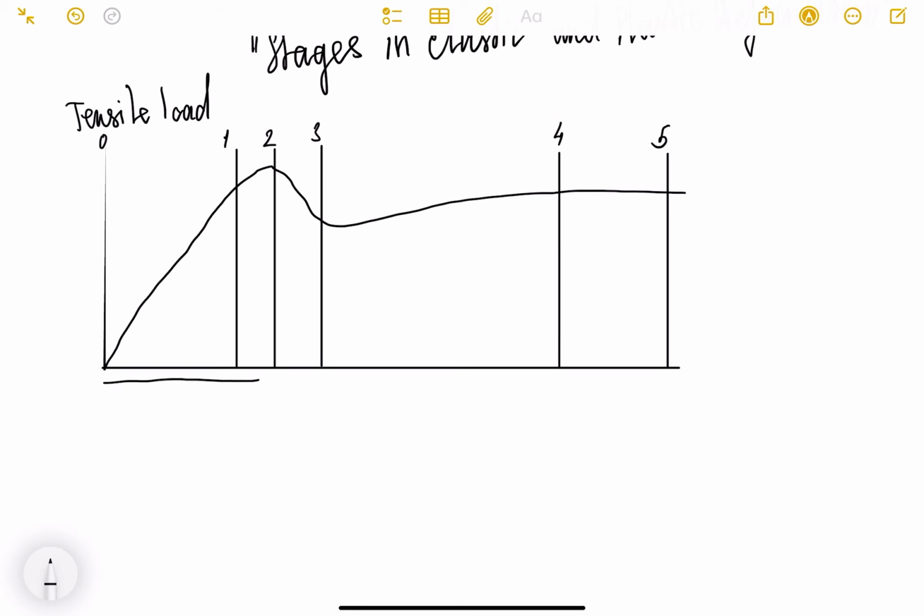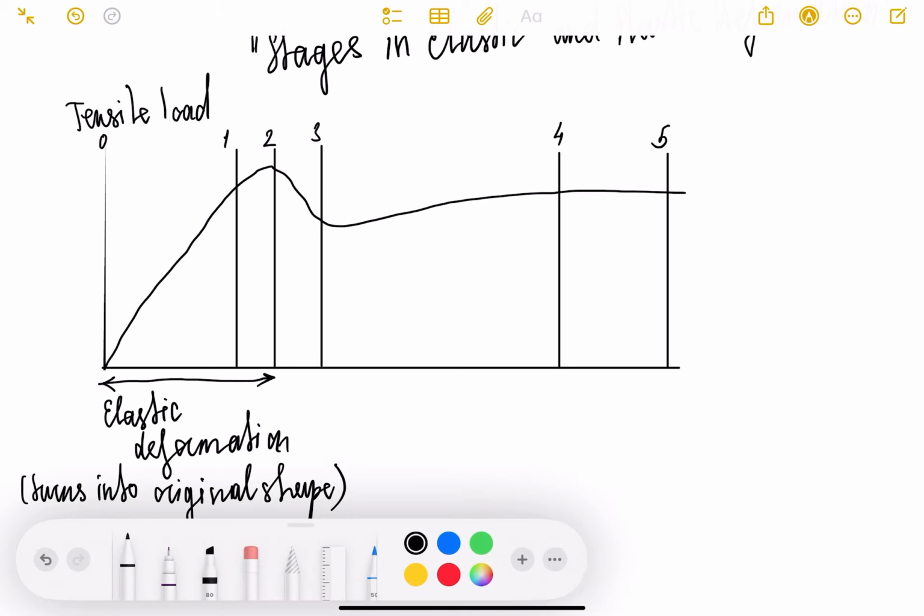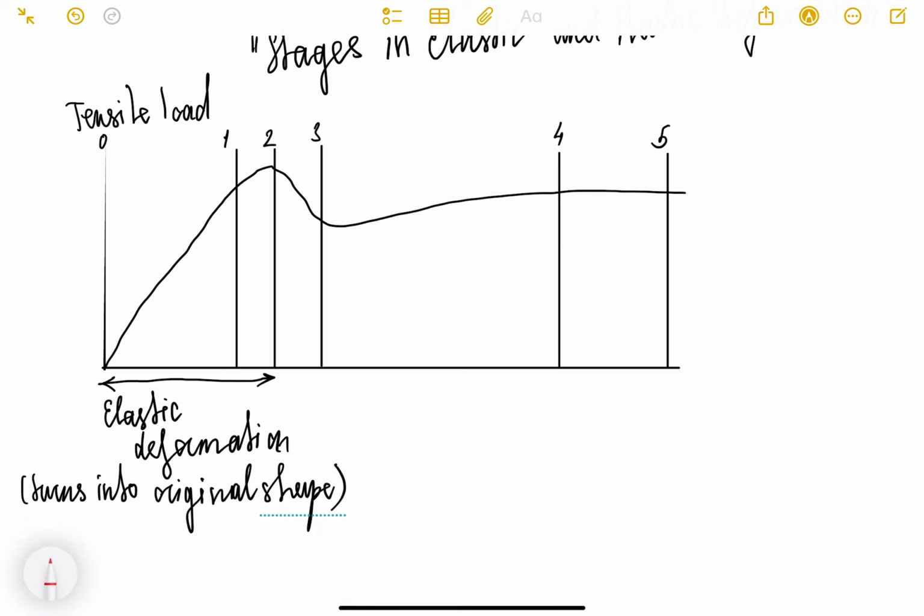And 1 to 2, this is elastic deformation. Elastic deformation. So it means from 1 to 2, it returns to the original shape. So basically, the yield point of this graph is 2.